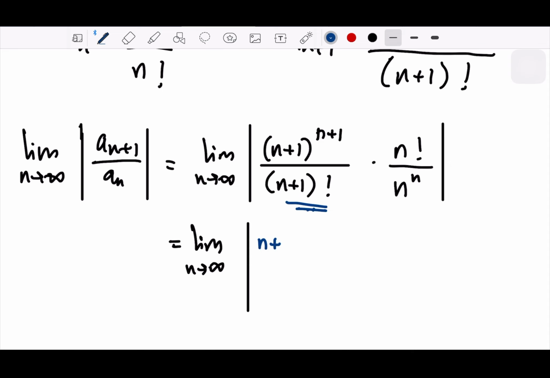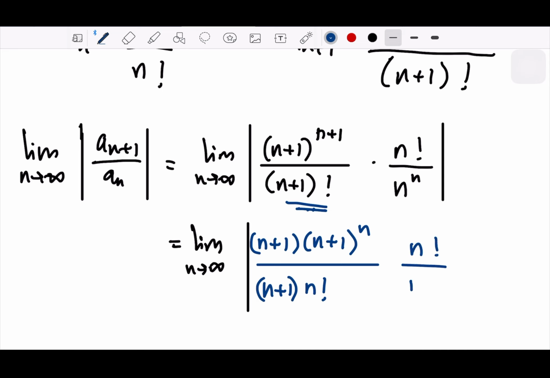So n plus 1, n plus 1, and n factorial, and then n with power of n.